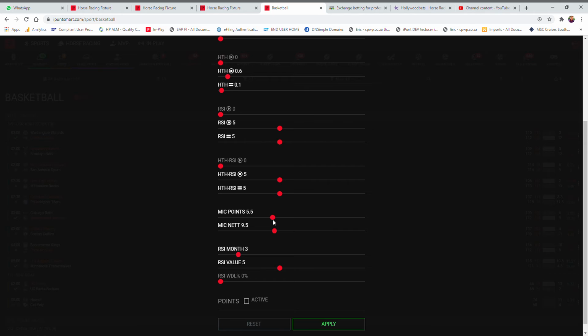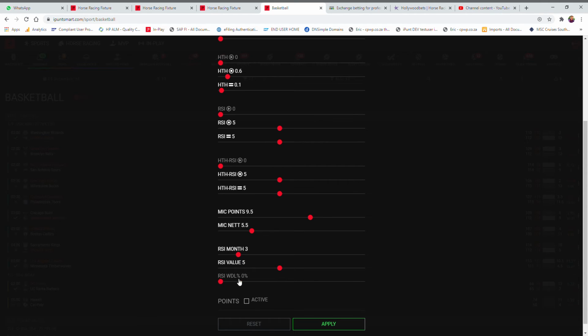Then the major impact category, or MIC points, the 15 major indicators, I'm going to put at 9.5. In other words, the net figure is a 5.5 because there's 15 in total. And I'm going to put the 3-month RSI, relative strength index, at 5.